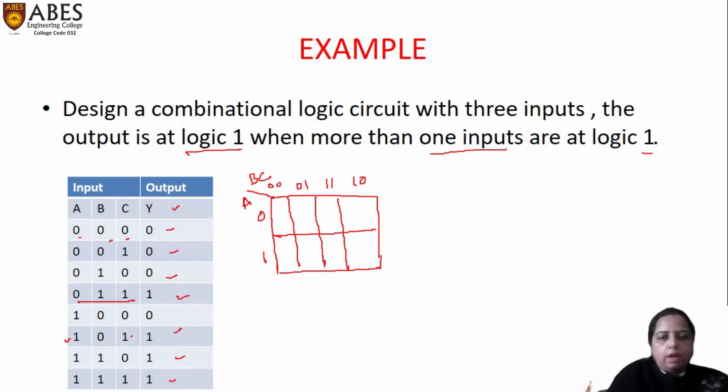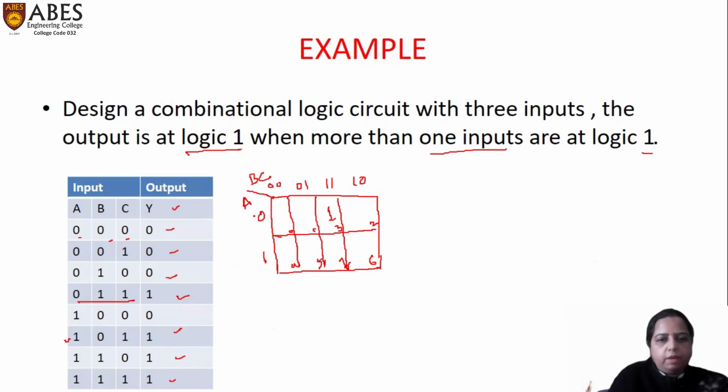Now we will see at what places we have to keep 1. Here we can even write the values as 0, 1, 2, 3, 4, 5, 6 and 7. So we can fill those places. For 3, we have 1, so here we can write 1.